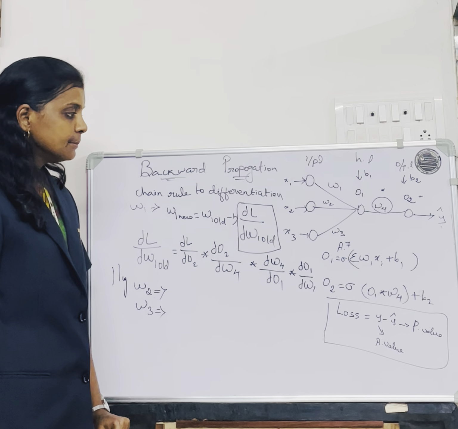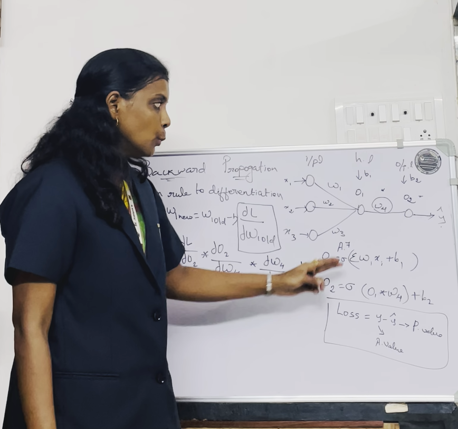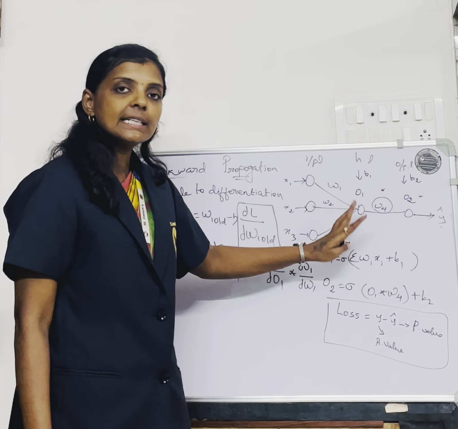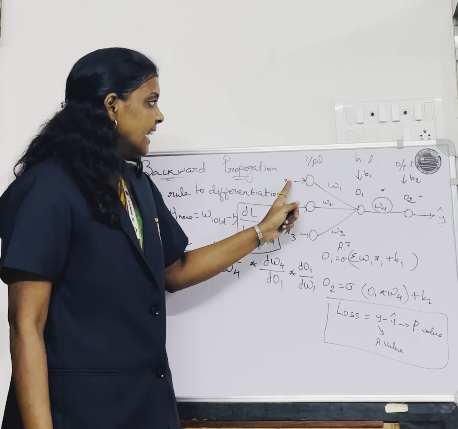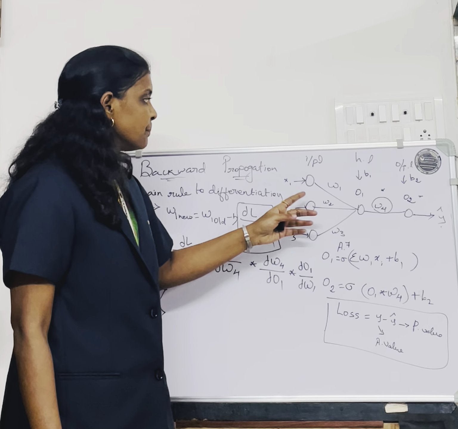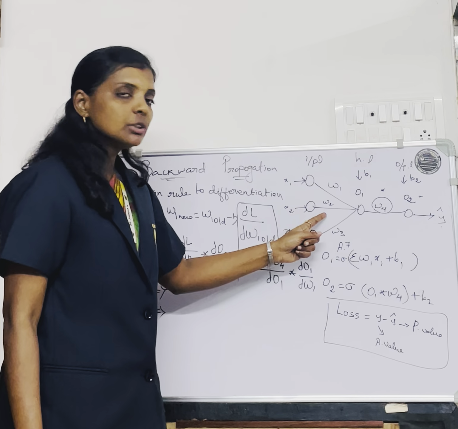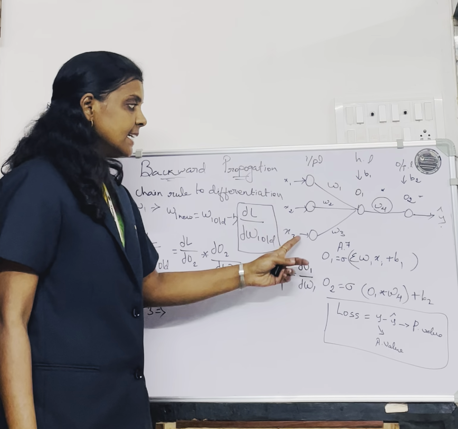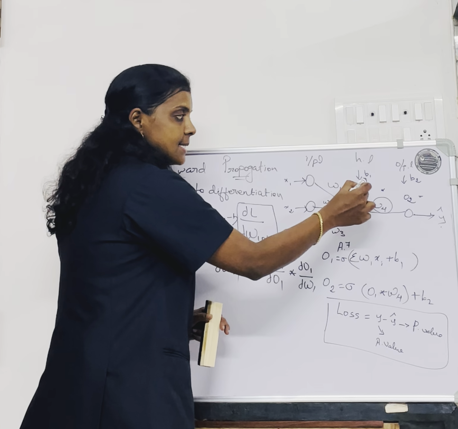Have you all understood? Already I told what is O1 and what is O2. O1 is nothing but the hidden layer neuron output: summation of Xi into Wi, that means X1 into W1 plus X2 into W2 plus X3 into W3, and we need to add some bias.